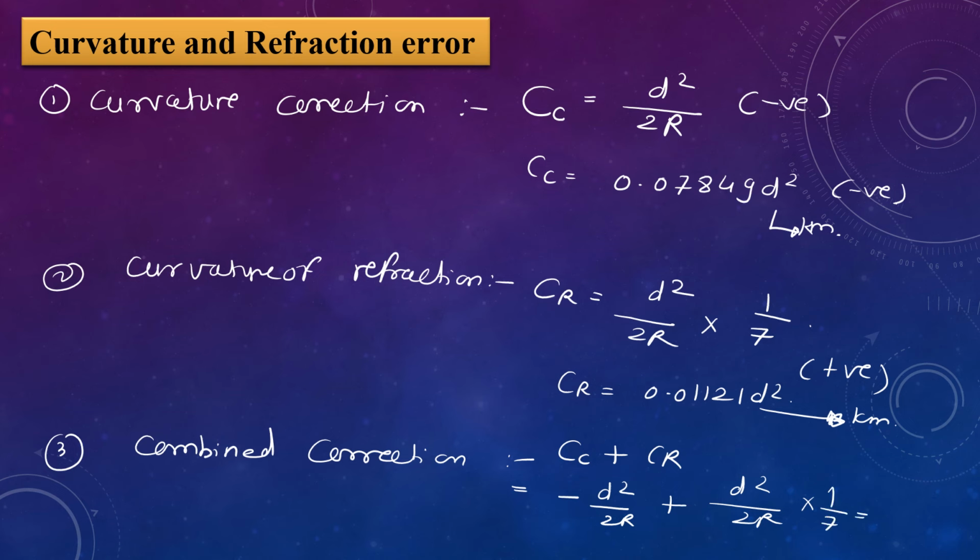So this value is minus 6 by 7 into d square divided by 2r, and the simplified value for this C is 0.06728 d square.